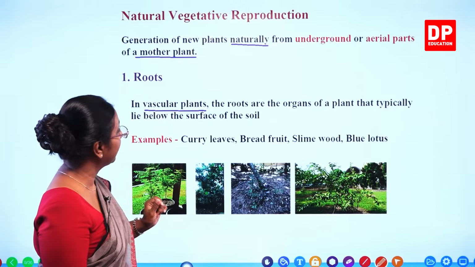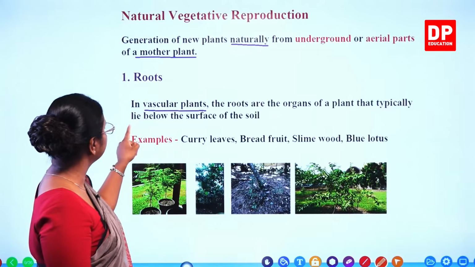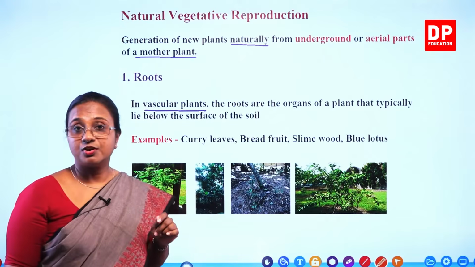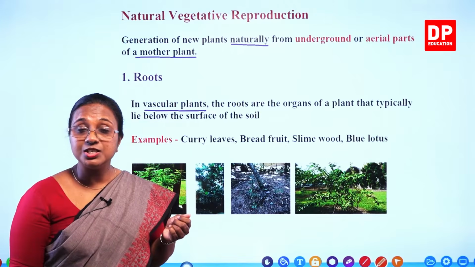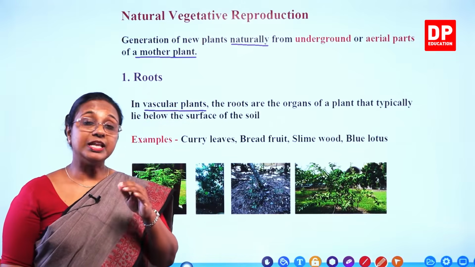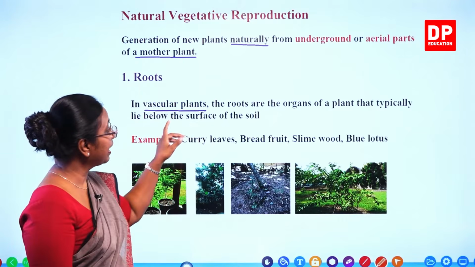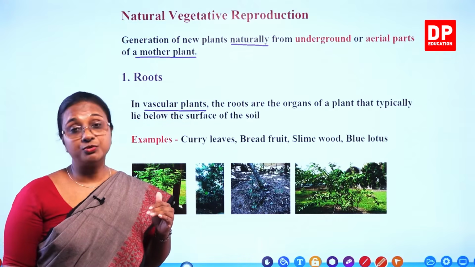In vascular plants, the roots are the organs of a plant that typically lie below the surface of the soil. So, when we say vascular plants, what are the vascular tissues? The xylem and the phloem. You all know in a normal vascular plant, the roots are below the soil. And you all know the function of the root.